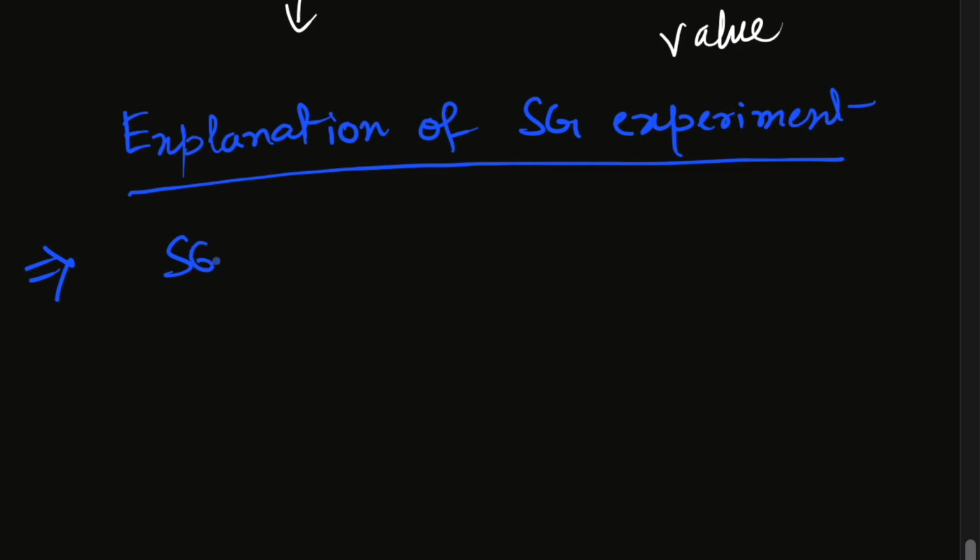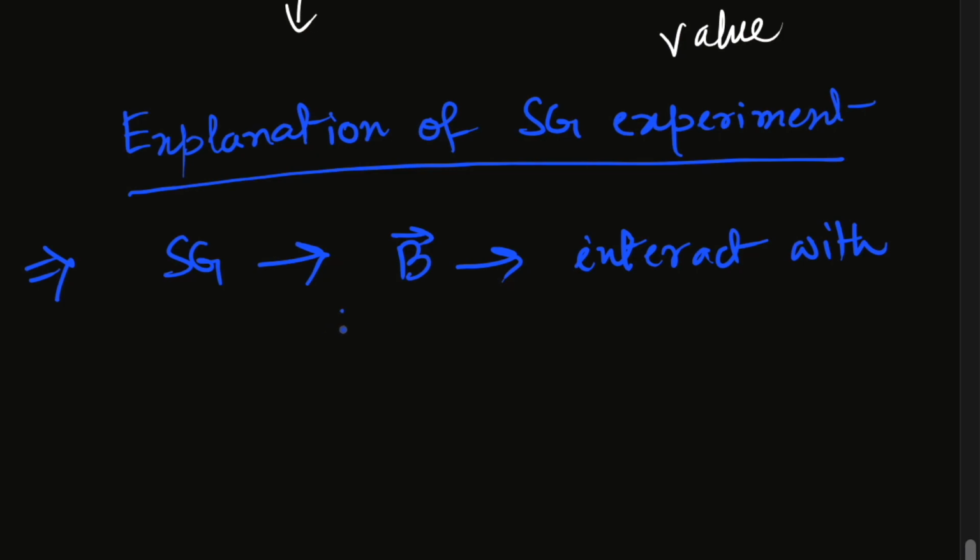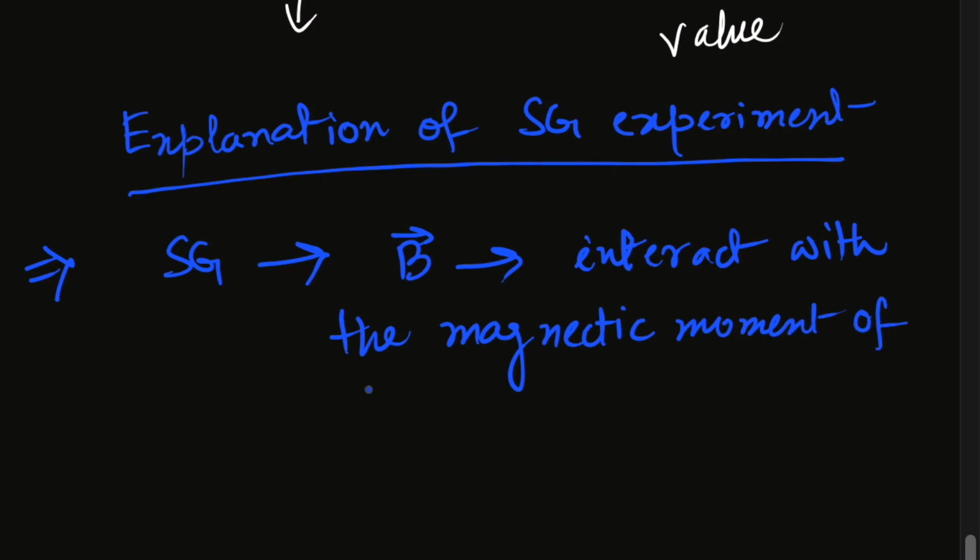In Stern-Gerlach experiment, magnetic field B interacts with the magnetic moment of the Ag atom.